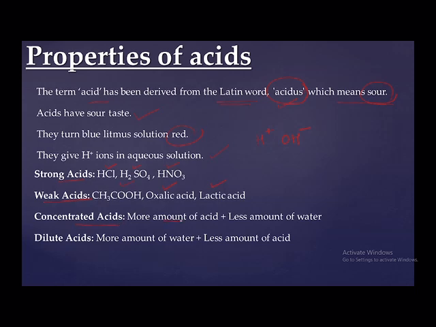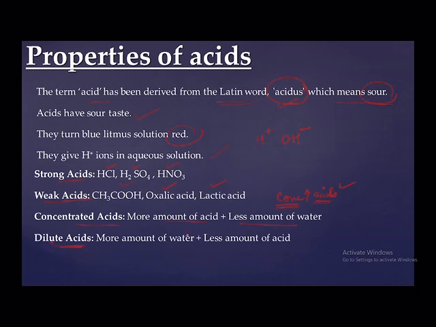In a concentrated acid there is more acid and less water. Concentrated refers to the presence of a higher concentration of acid. If the solution has a high concentration of acid, it is known as concentrated. Next we have dilute acid.